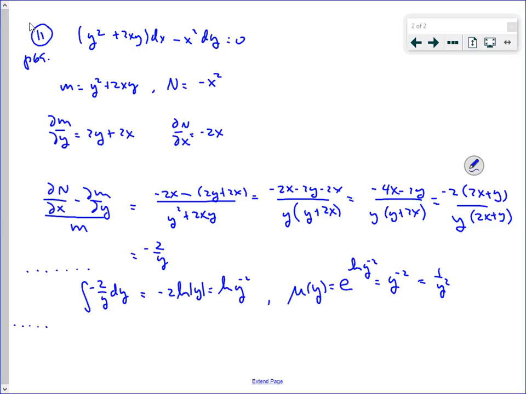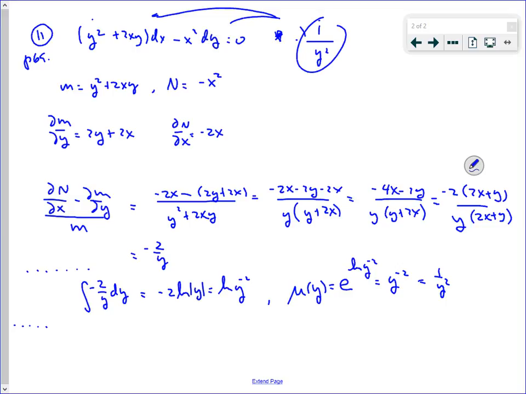So go back up to our original and multiply everything times 1 over y squared. I've got to remember it. So I take the 1 over y squared and multiply everything by that.